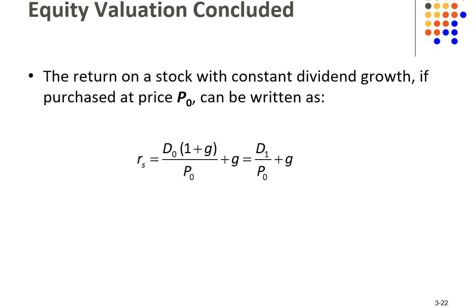And if we do a little bit of algebra, we can rearrange our constant growth formula to find our required rate of return equals a dividend yield plus an expected capital gains growth rate.